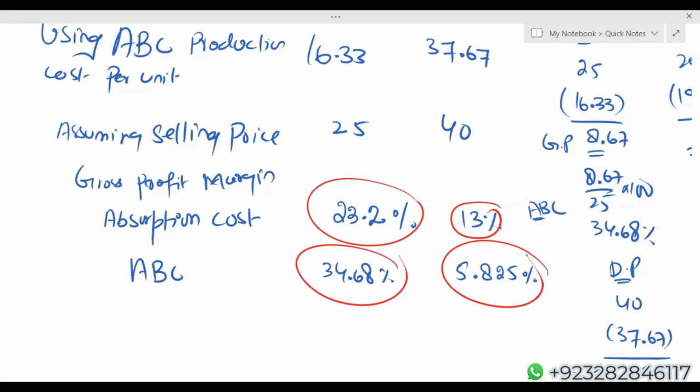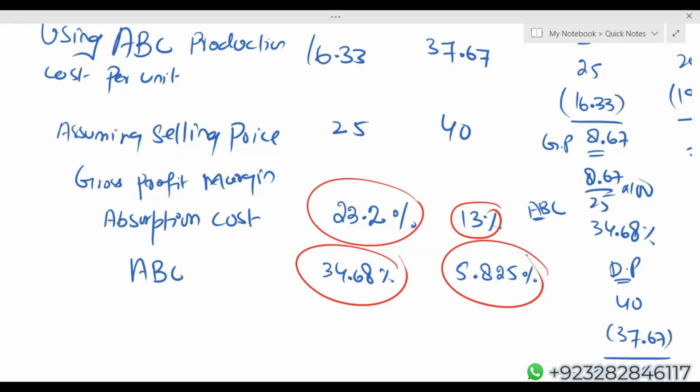Just to give you a little bit of an idea how we compare. Obviously the selling price will remain the same under absorption as well as under ABC costing, if you are taking the selling price from the market. But production cost will change, and due to the change in production cost, your gross profit margin will change.